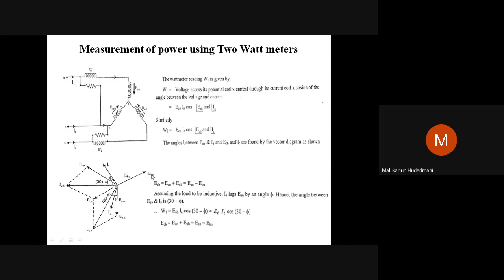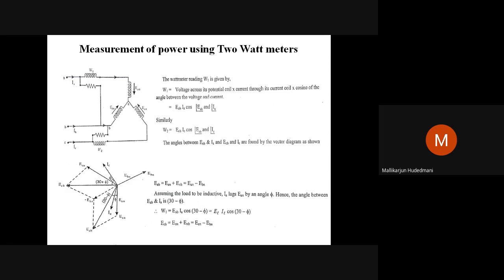Similarly, behind EBN, there should be an IB vector here. And similarly, behind ECN, the IC vector. So when the voltage vectors start rotating, definitely the voltage vector has to go first, followed by the current vector. Again a voltage vector, a current vector. Like that, current always follows voltage by a lagging angle phi. That is the concept of lagging.